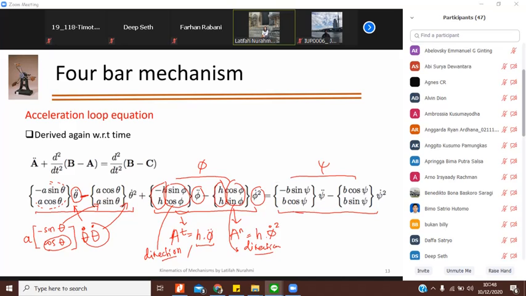So this is the acceleration in the tangential direction, and this is in the normal direction. And for this as well, if you go back to the very left, this is the tangential, and here is the normal.